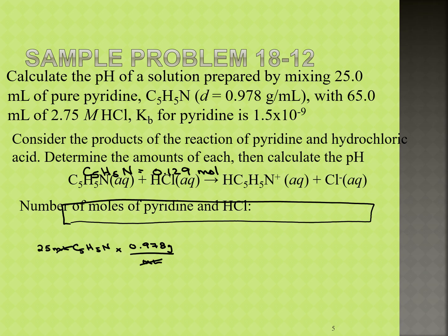Now we're going to convert that into moles by using the molar mass. So 1 mole of pyridine happens to weigh 79.1 grams, and we're going to end up with 0.309 moles of pyridine.